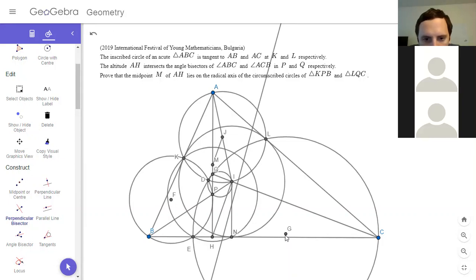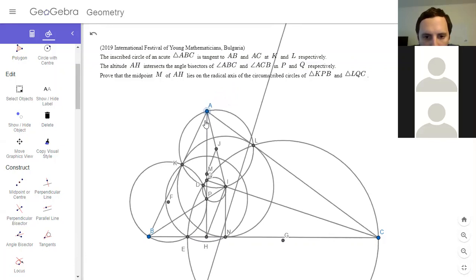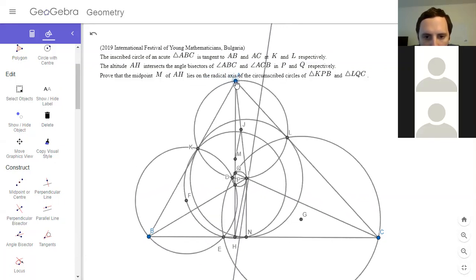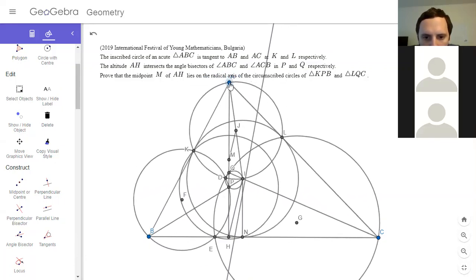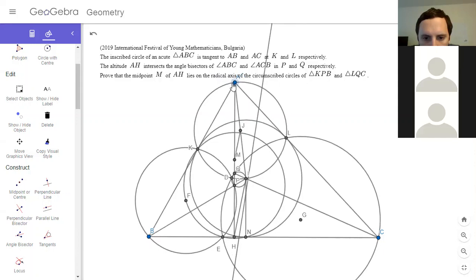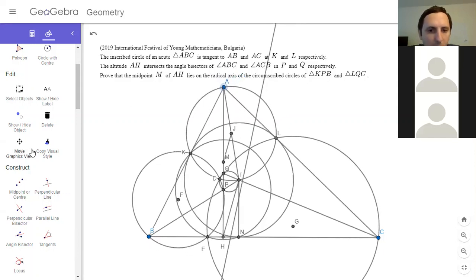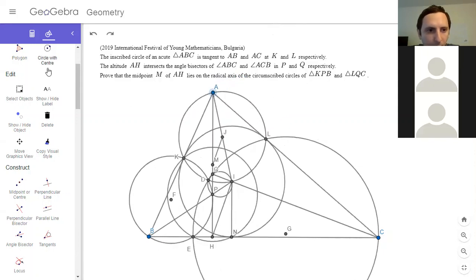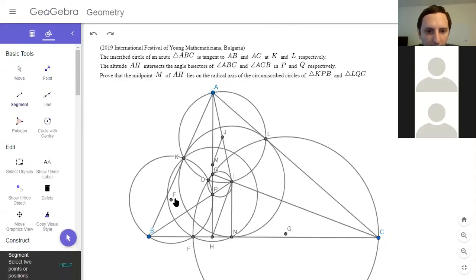Is I? No, I don't think that's true. I'm gonna ask if IH is perpendicular to FG, but I don't think it is.